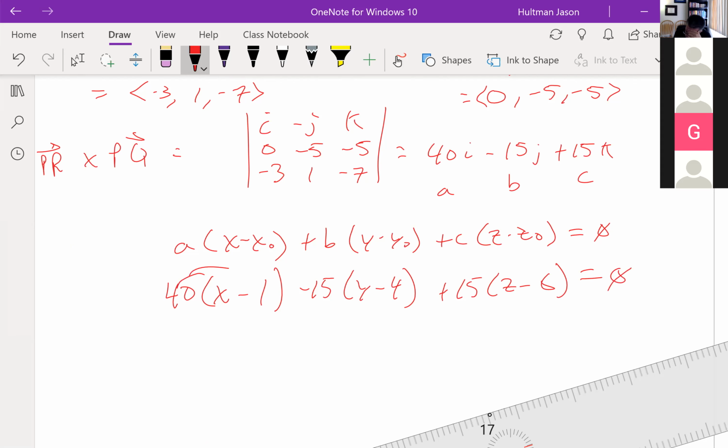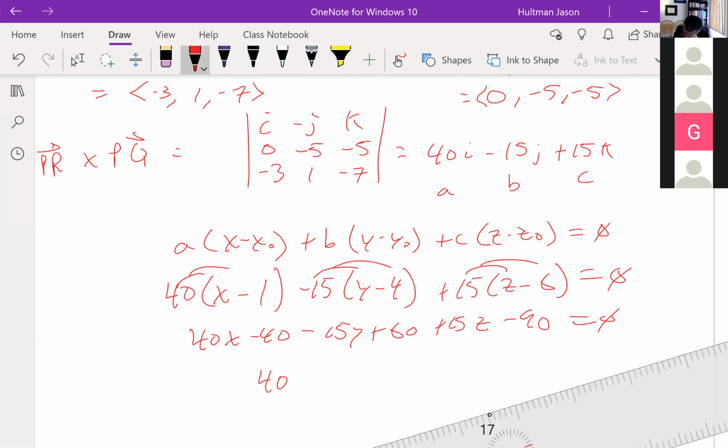Okay, so now let's distribute. And we get 40x minus 40 minus 15y plus 60 plus 15z minus 90 is equal to 0. So 60, -30, -70.